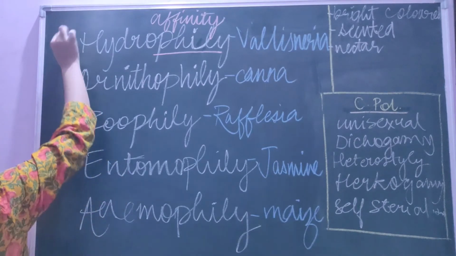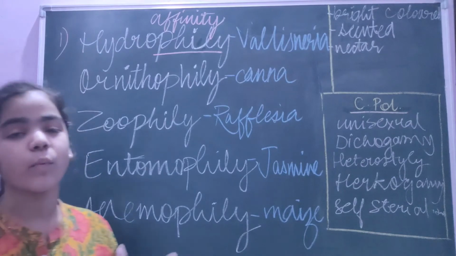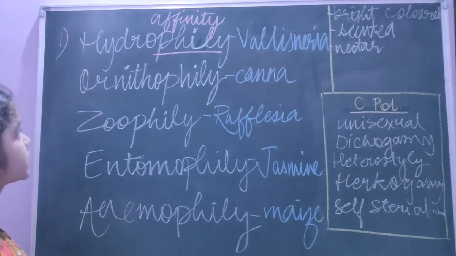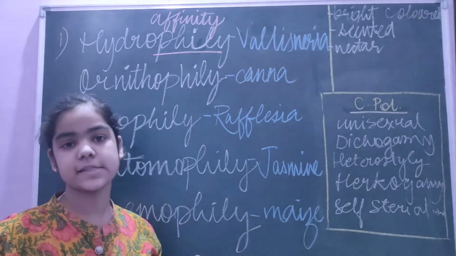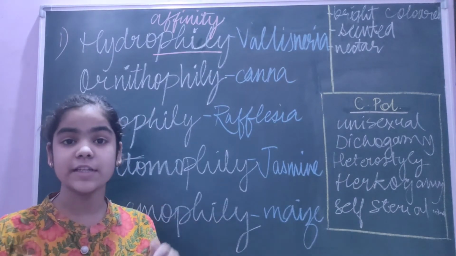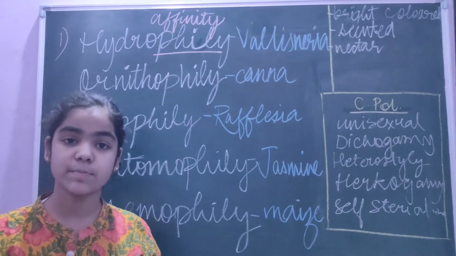First one is hydrophily. Hydro simply means water. So the affinity of water. What happens in these is that the pollen grains are produced in large amount by the anther.